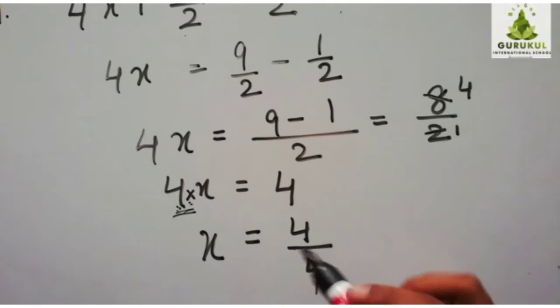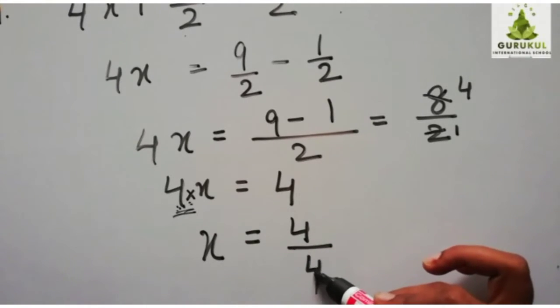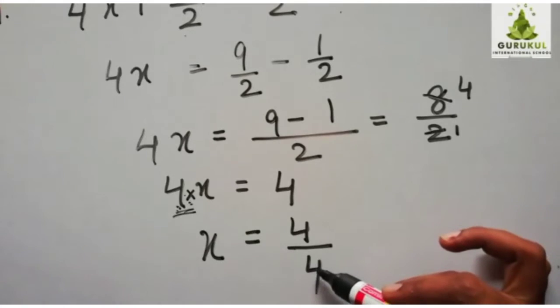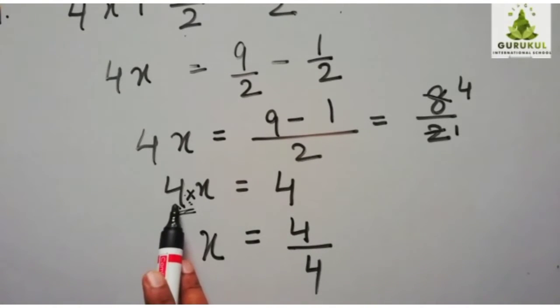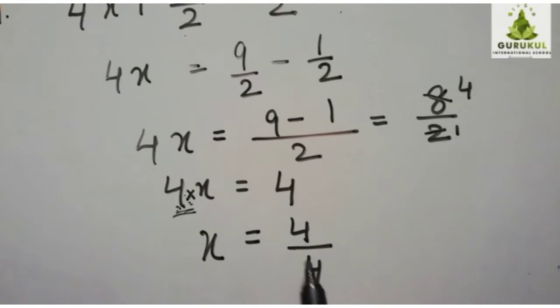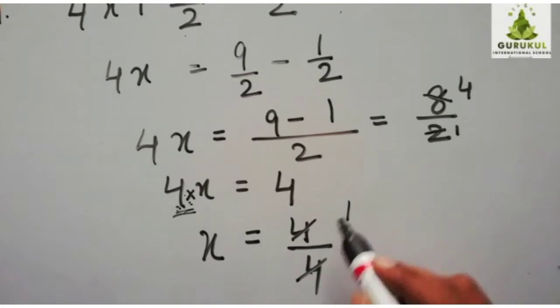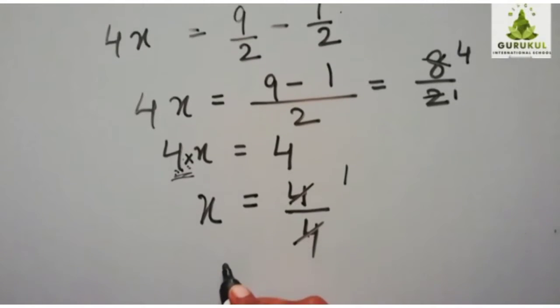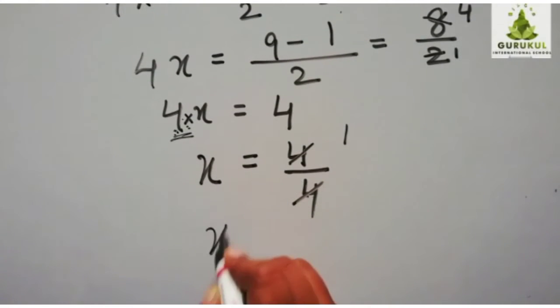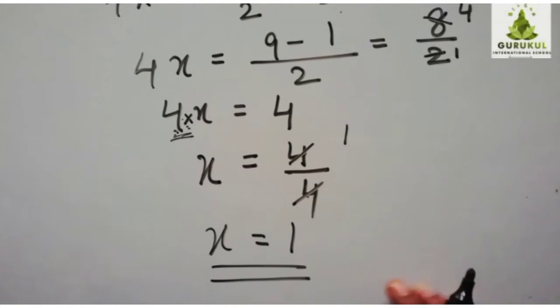Multiplication will become divide by 4. Here already 4 is there, that 4 only I took here. Here it was in the numerator, and when I divided it became the denominator, divided by 4. Is it clear? So 4 one time. So what did you get? Solve and find the value of x now. X equals 1. This is the first answer. Copy down this in your notebook.